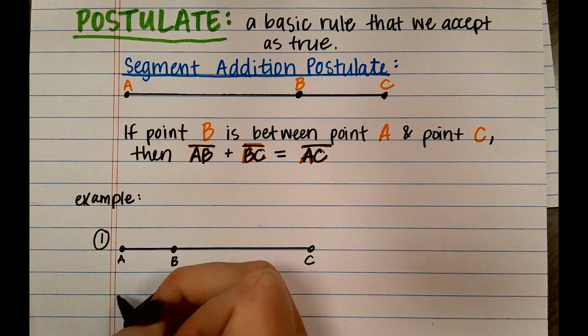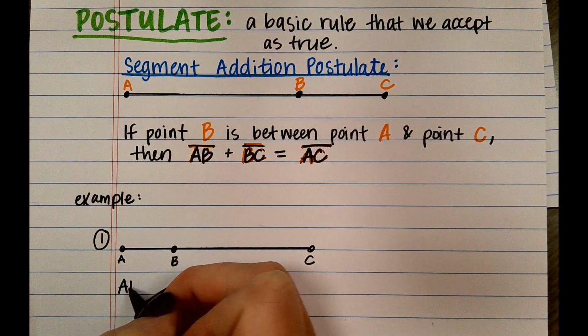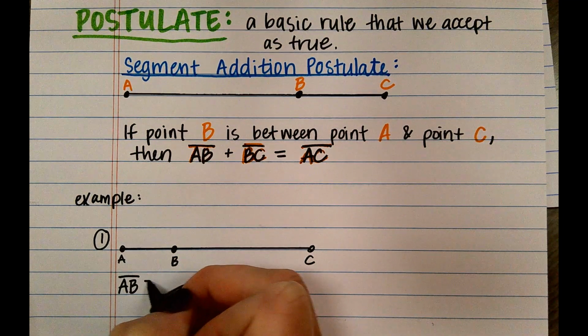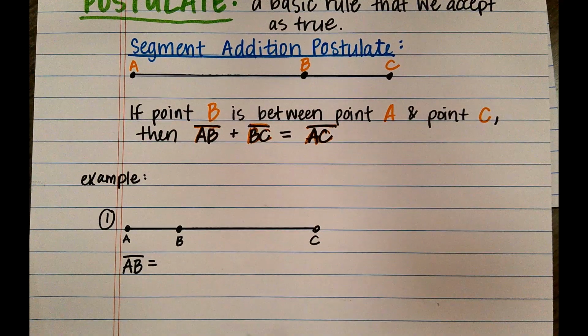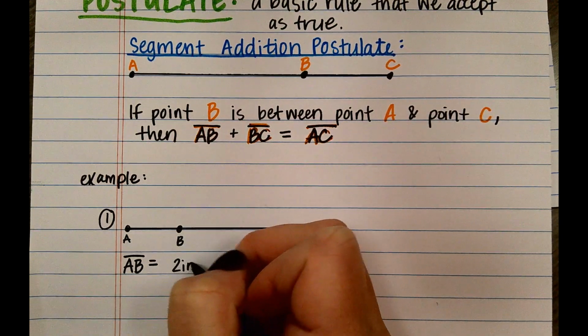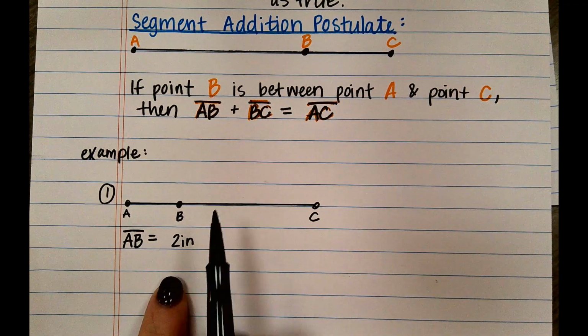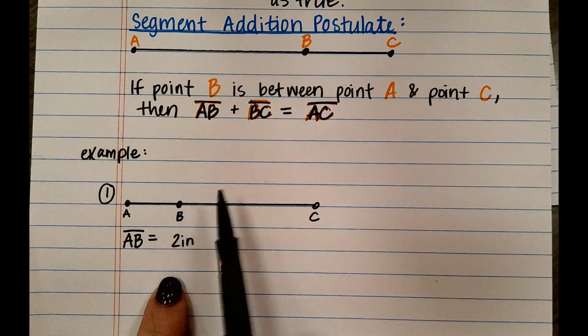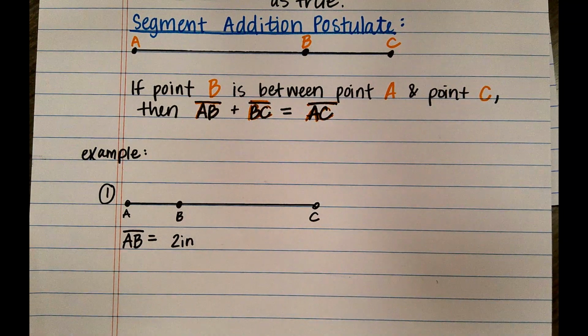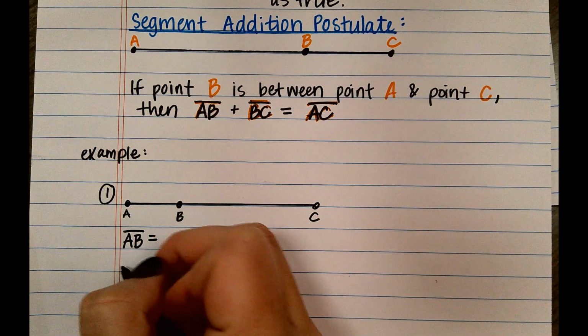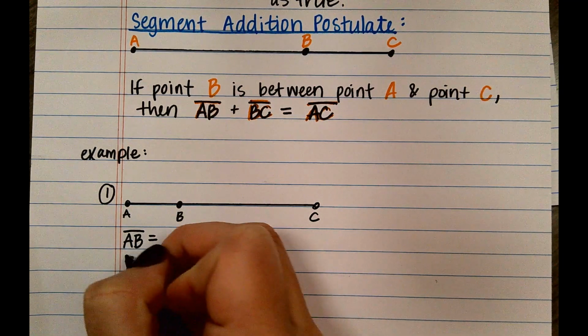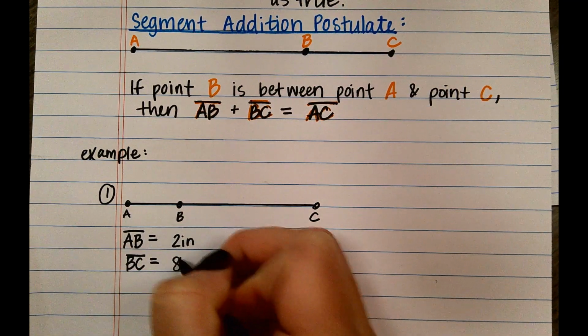So down here I'm going to write AB equals 2 inches. Now I'm going to say that from B to C is, I don't know, let's say 8 inches. BC is 8 inches.